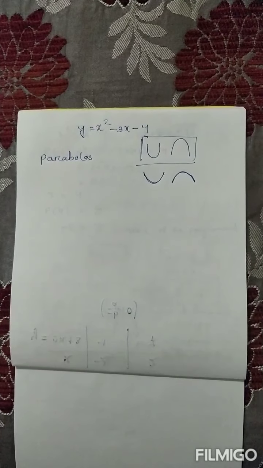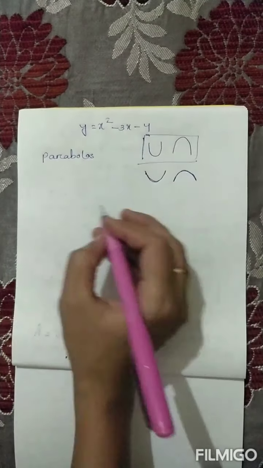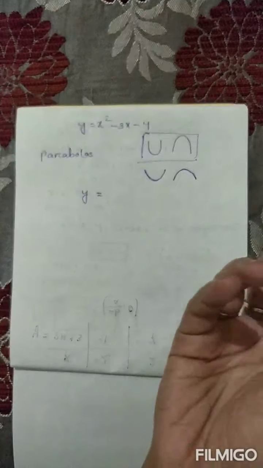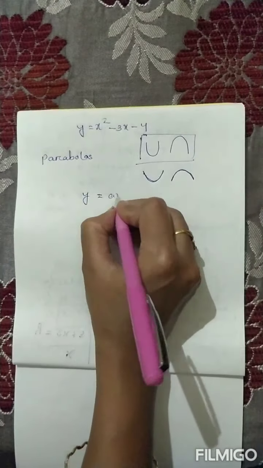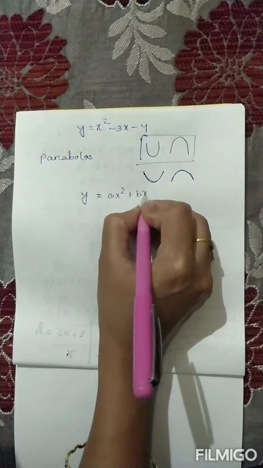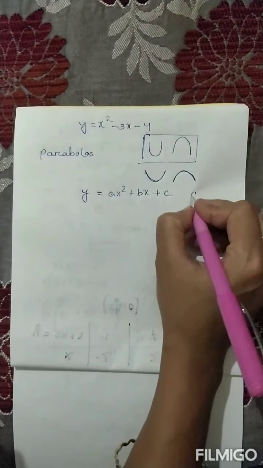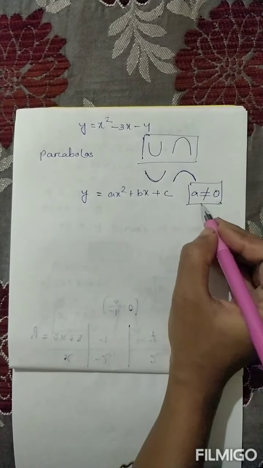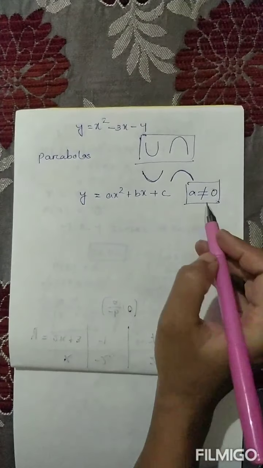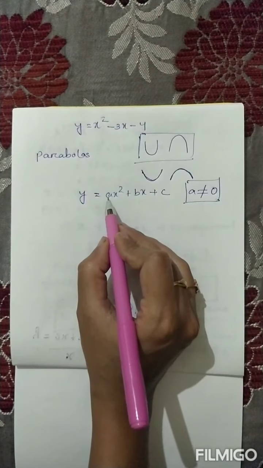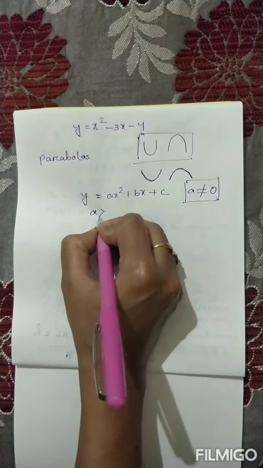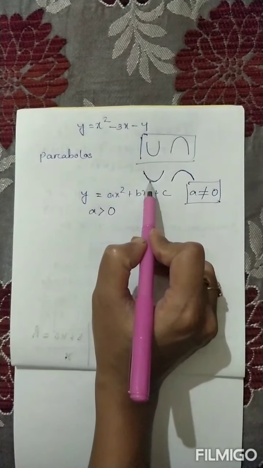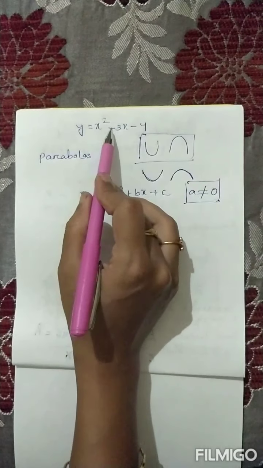Clear? So the general representation of a quadratic equation is ax square plus bx plus c, in which a is not equal to 0. I have told you about this in your previous class, so I will not take time on this. When the value of a is greater than 0, then the graph looks like this, like our graph.